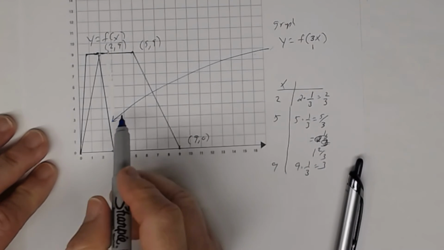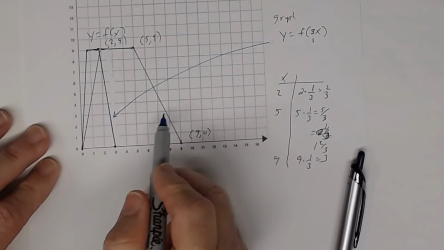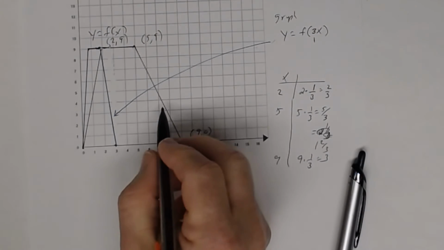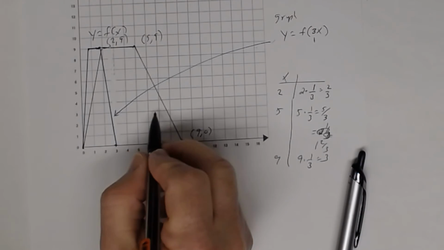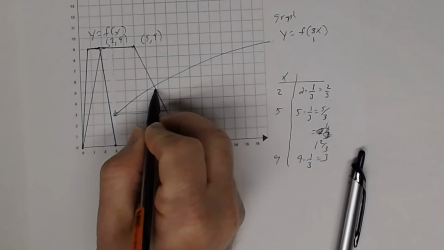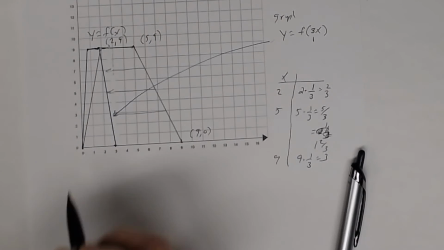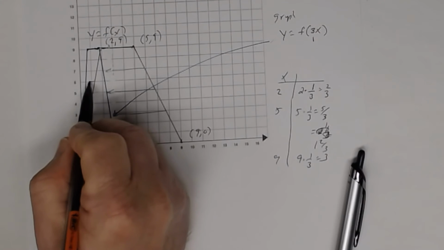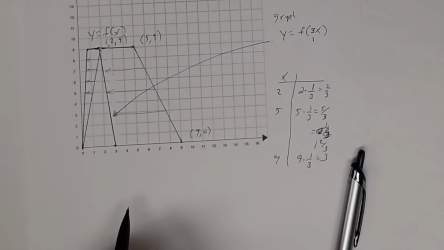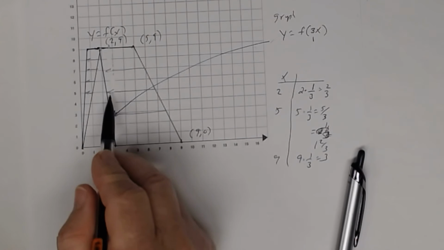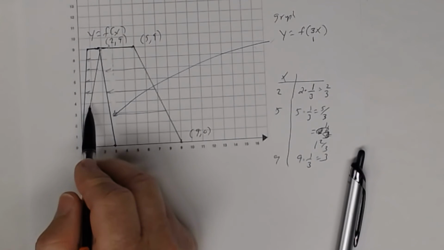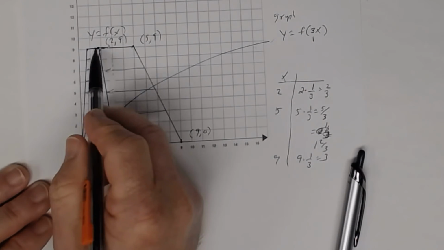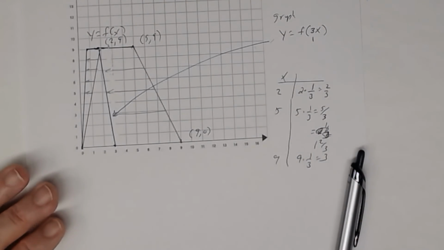Remember, a horizontal compression, you're taking each of those points and compressing it by a factor of 1/3. Same thing here. You're taking this part here, compressing it. So this part of the graph became this part, and this part became this part. So this right here would be the graph of f of 3x.